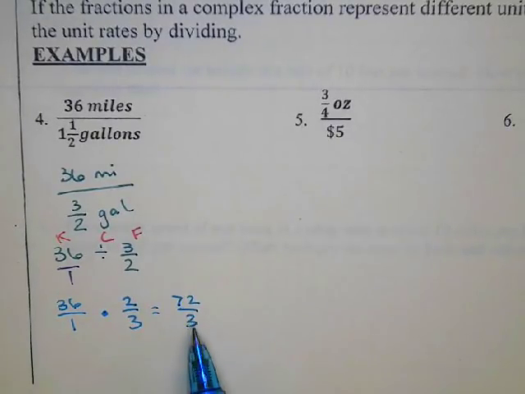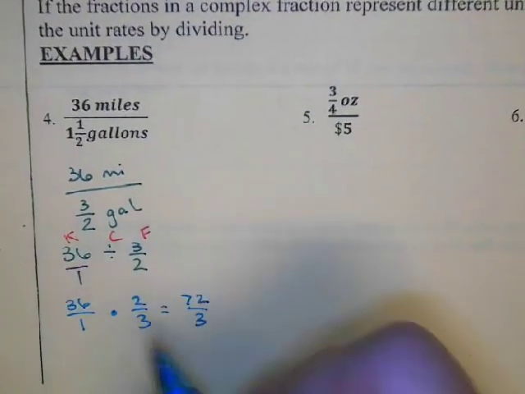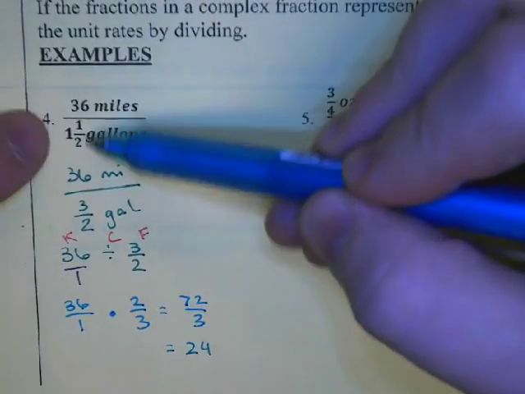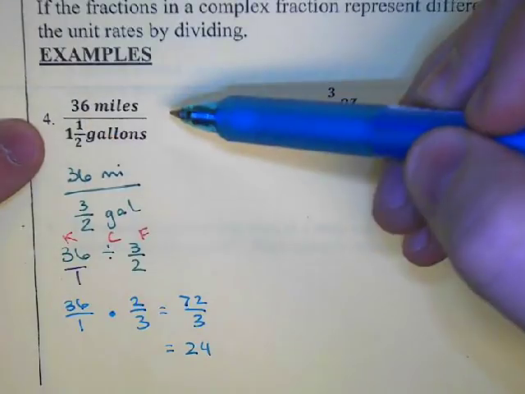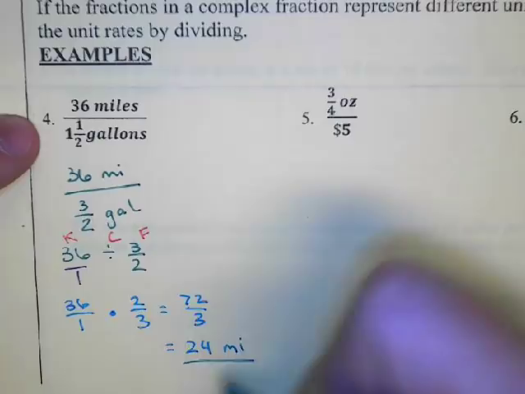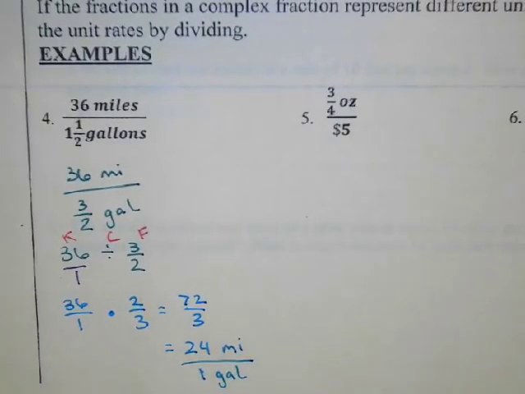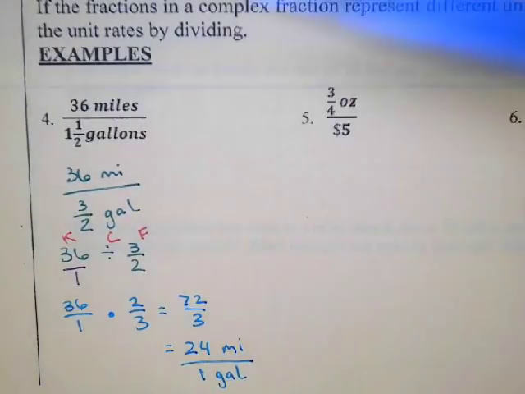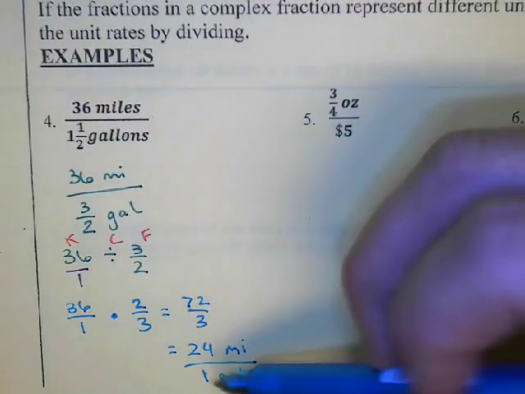We already did 72 over 3 earlier. That's going to be 24. So this equals 24. And now, since we did this division, our units are ready to go. We know that we have miles on the top and 1 gallon on the bottom, because we have divided the numerator by the denominator, so I'm just going to end up with 1 in the denominator.